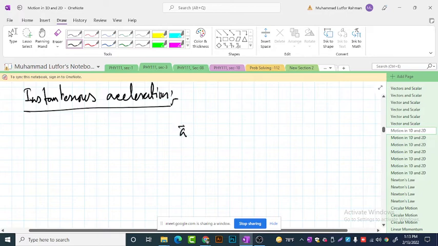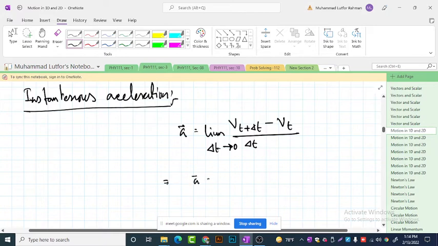We write this acceleration in the form v(t plus del t), the final velocity, minus v(t), the initial velocity, divided by the difference of time, t plus del t minus t, which gives you del t, and we define that del t tends to 0. It's not equal to 0, but very close to 0. Then this is the mathematical definition of the derivative of a function. This will be the derivative of the function v, which I write as dv over dt.